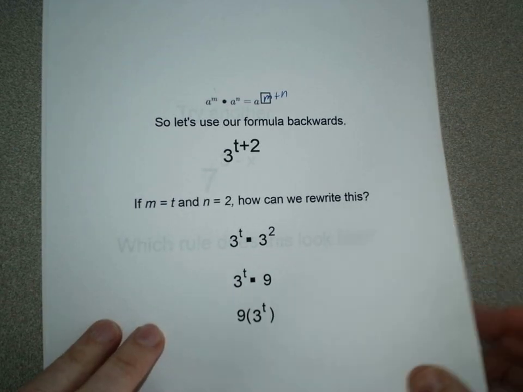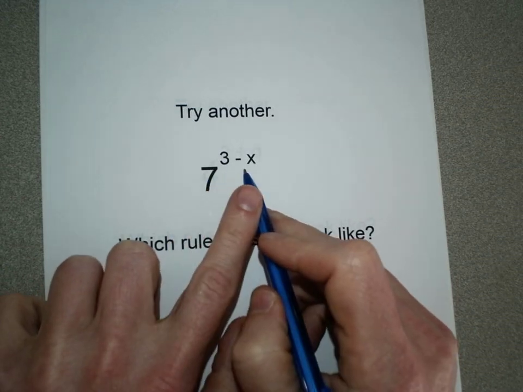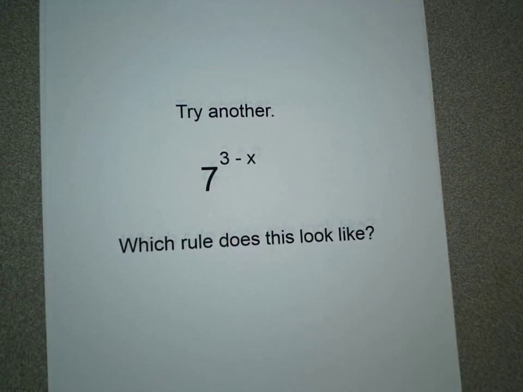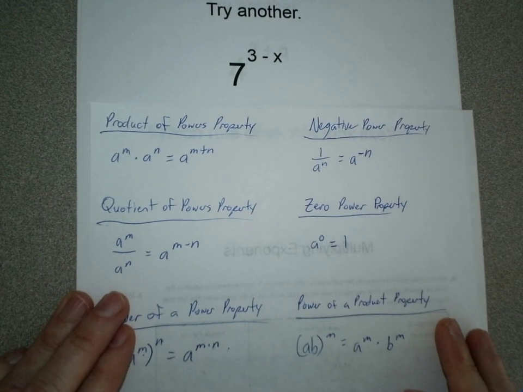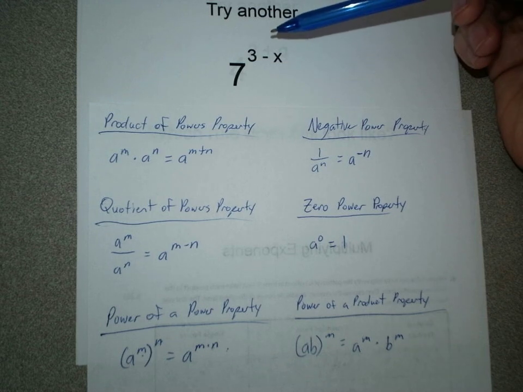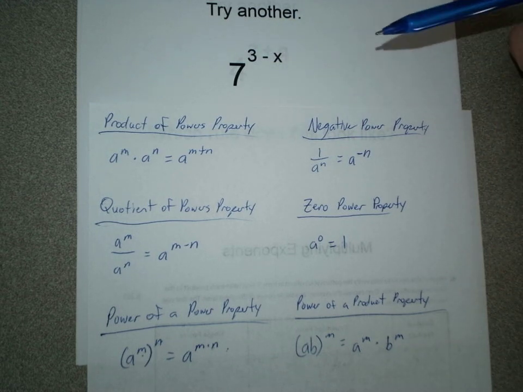So let's try another. Here we have 7 to the power of 3 minus x. Which of our rules does this look like? We're looking for a rule that somehow encompasses an exponent with a minus sign. There's actually 2 of them.